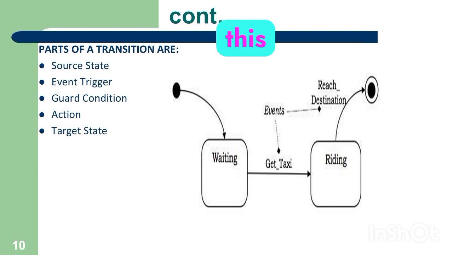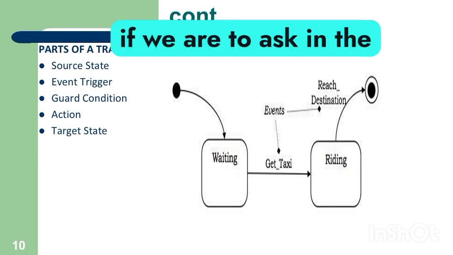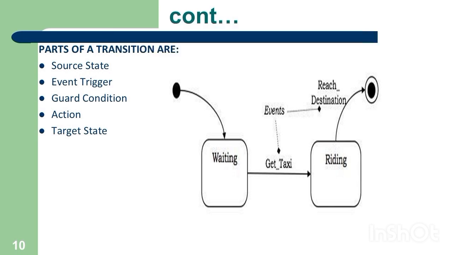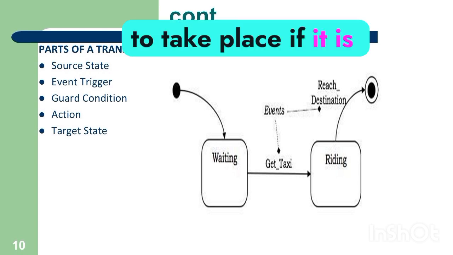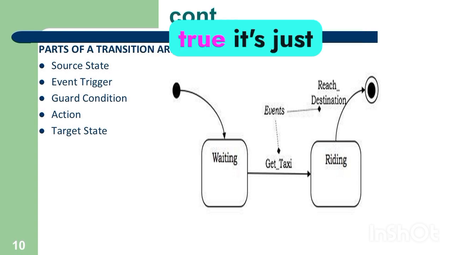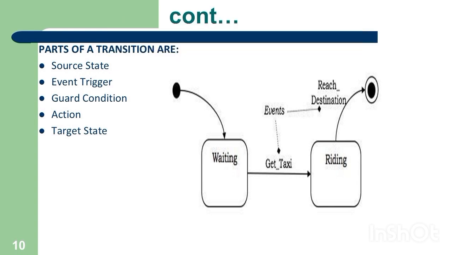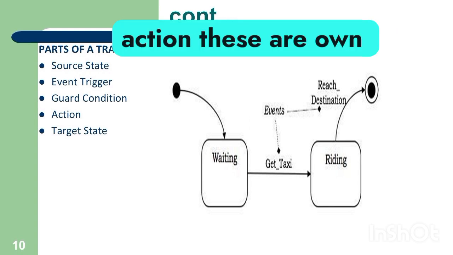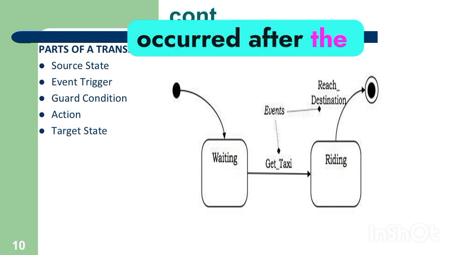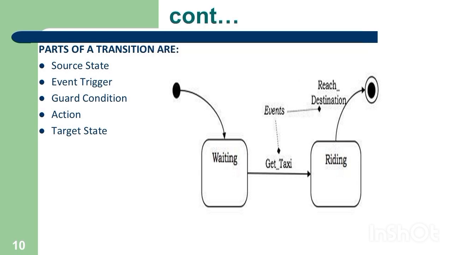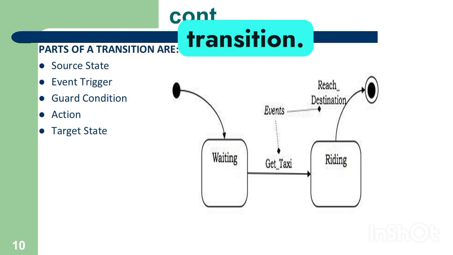As simple as this. If you were to ask which part of the transition is responsible for a transition to take place, if it is true, it's just that condition. Are we together? So we also have action. This is an uninterruptible and atomic computation that occurs after the condition, or after the completion of the transition.